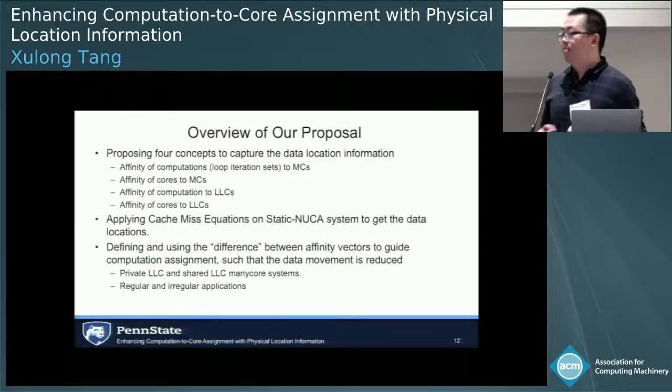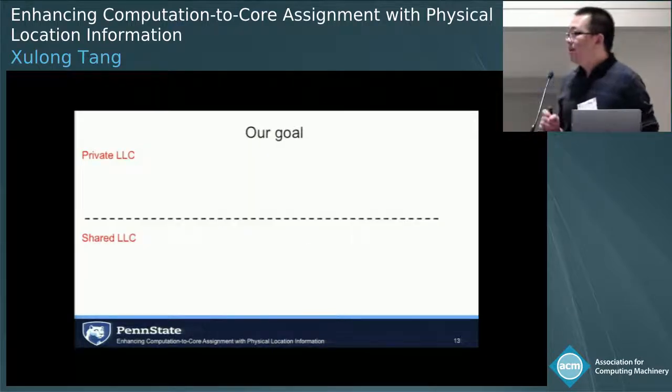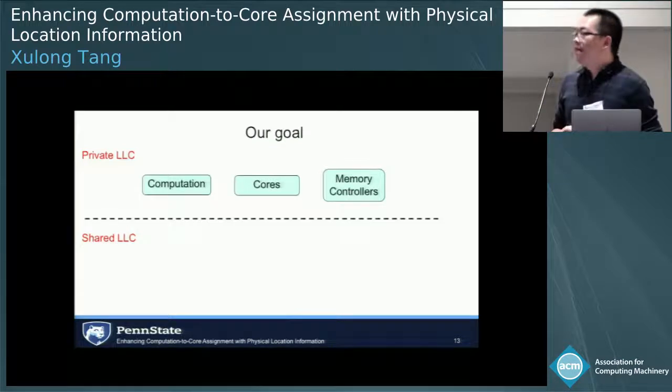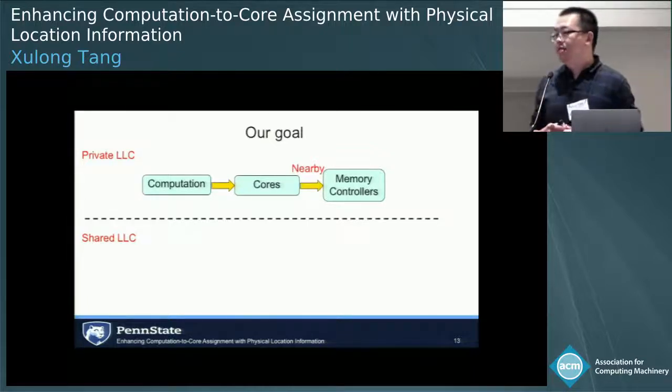We target both the private last level cache system and the shared last level cache system. And in our benchmark suite, we include both regular and irregular applications. At this moment, I want to emphasize our goal here. For the private last level cache, we want to perform a computation to core, or node, assignment such that the off-chip accesses are loading data from the nearby memory controllers.